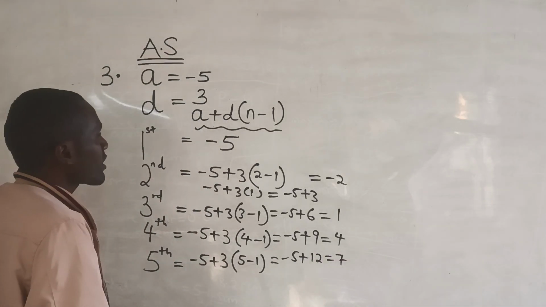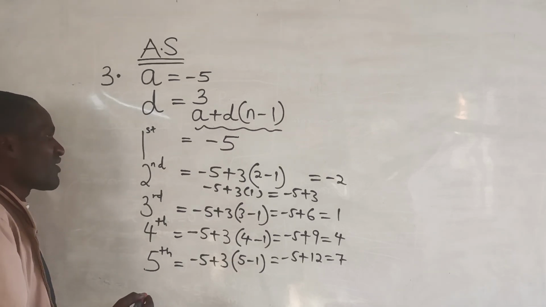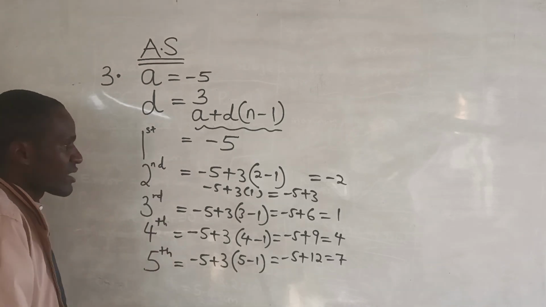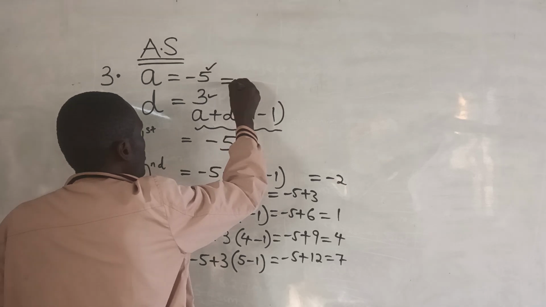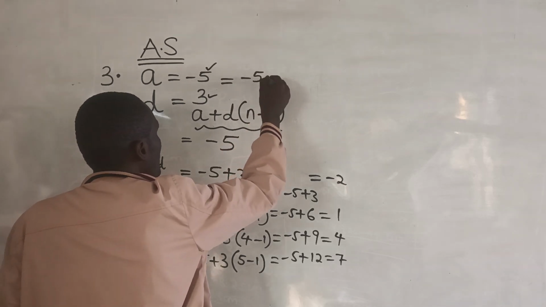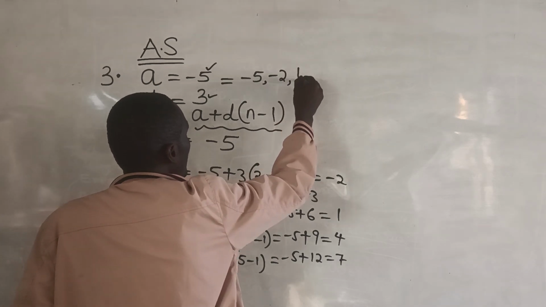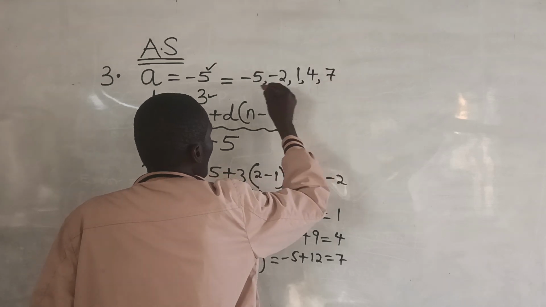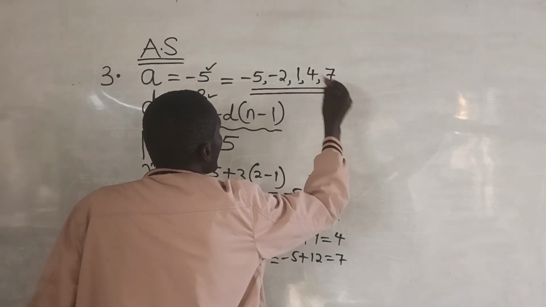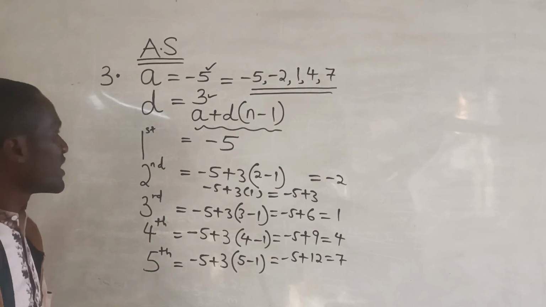So if someone asks you to write down the first 5 terms of that arithmetic sequence, with the first term as -5 and the common difference as 3, your answer should be -5 as your first term, then -2 as your second term, 1 as your third, 4 as your fourth, and 7 as your fifth.